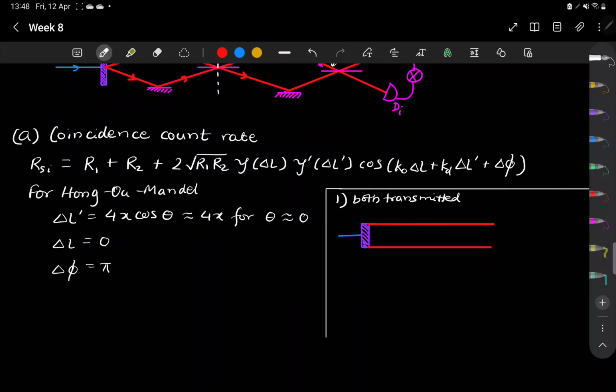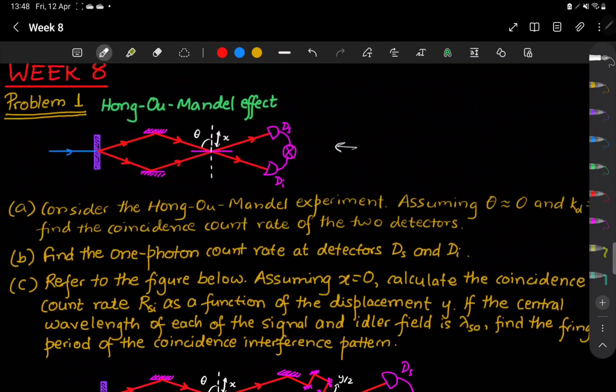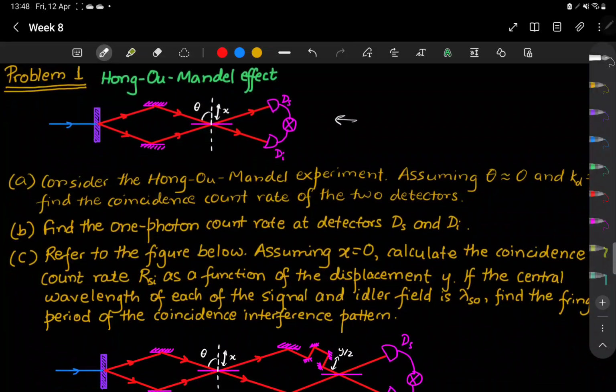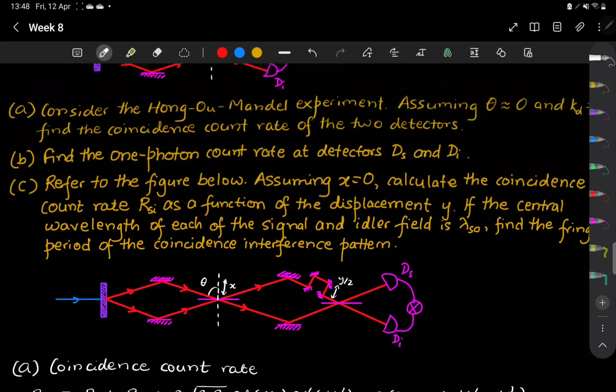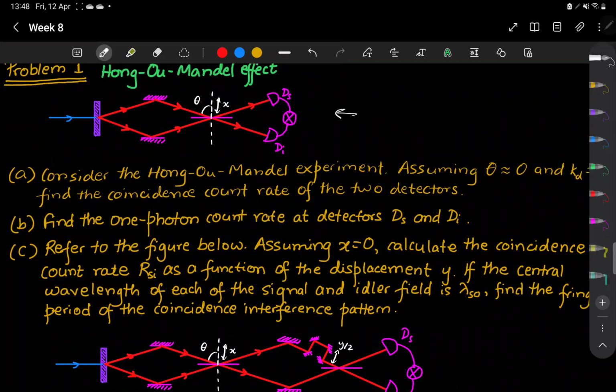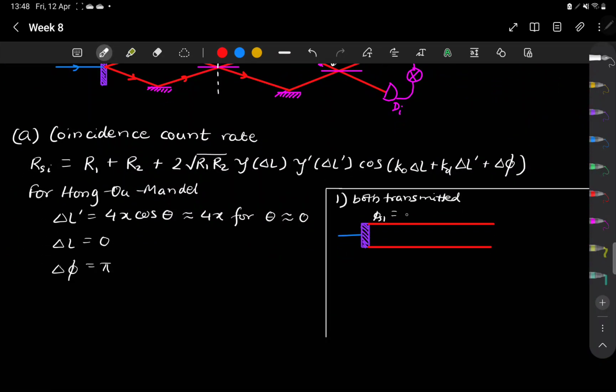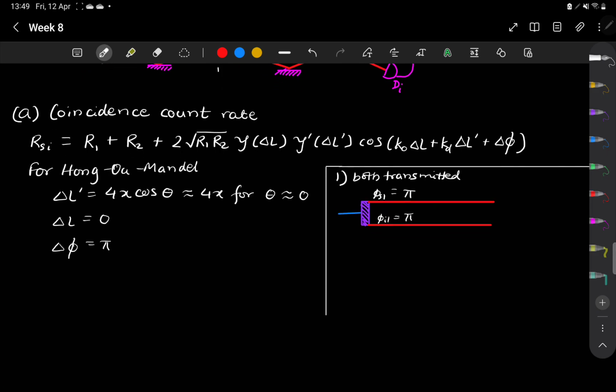Now in this case, phi S1 is pi from the mirror and nothing from the beam splitter. So this is simply pi. Same for the idler. It is pi from the mirror and nothing from the beam splitter.